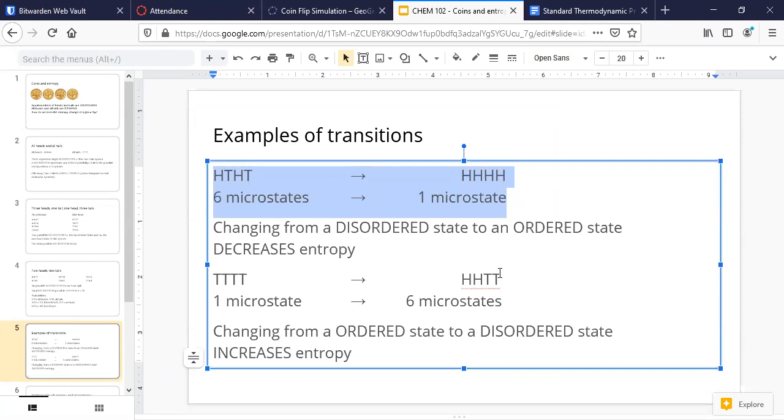And I just brought that up on the slide and clicked it because I expected that outcome. I expected to go from all tails to 2 heads. That won't always happen, but it will happen at least a strong plurality of the time. That's a transition from an ordered state to a disordered state. That transition increases entropy.